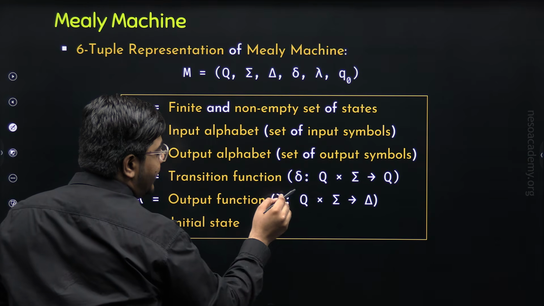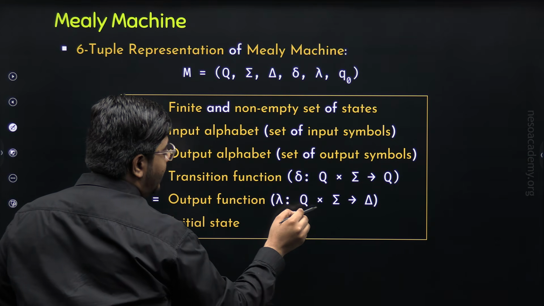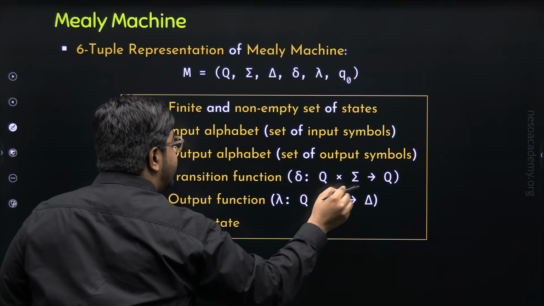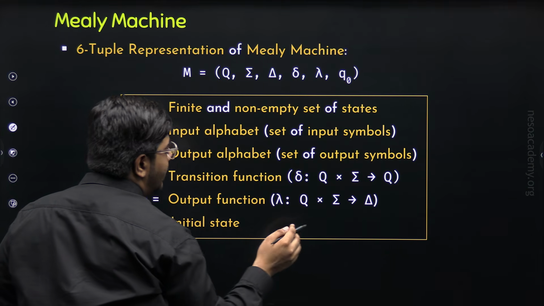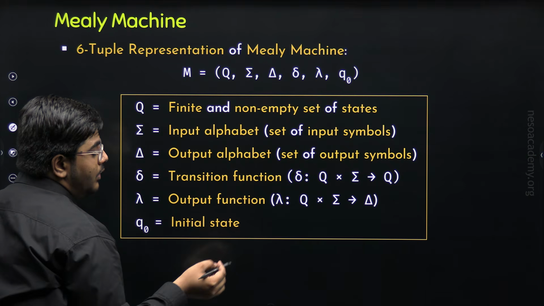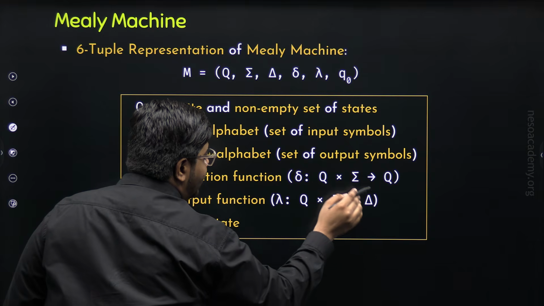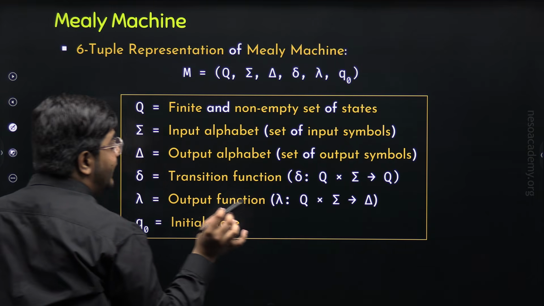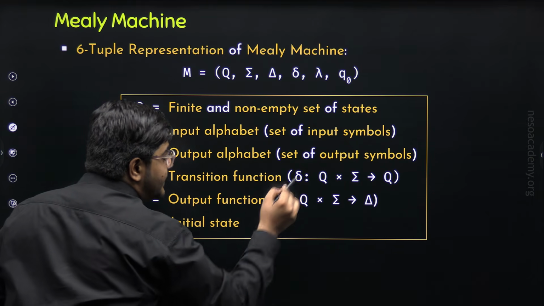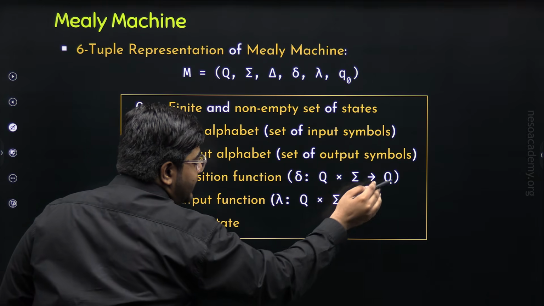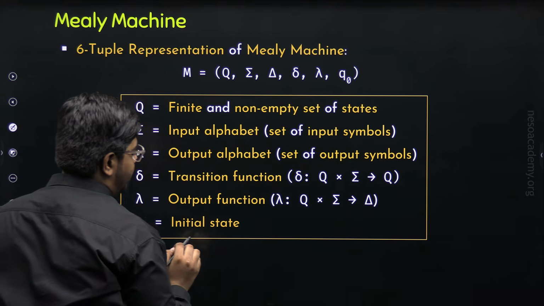Q is the present state, sigma is the input symbol, and from the present state and the current input symbol, we determine the output symbol. So present state and current input symbol will determine the output symbol. So in case of Mealy machine, the present state and the current input symbol will determine the next state as well as the output symbol.